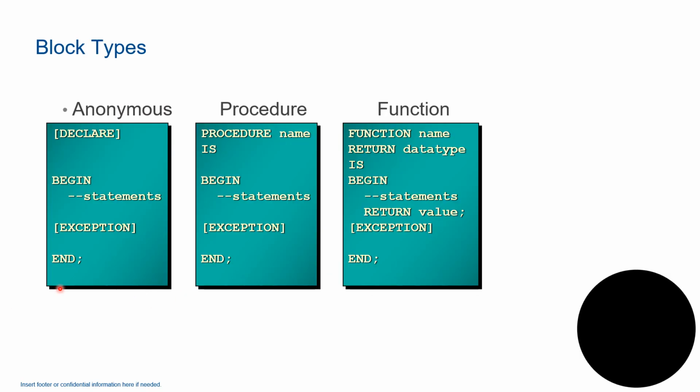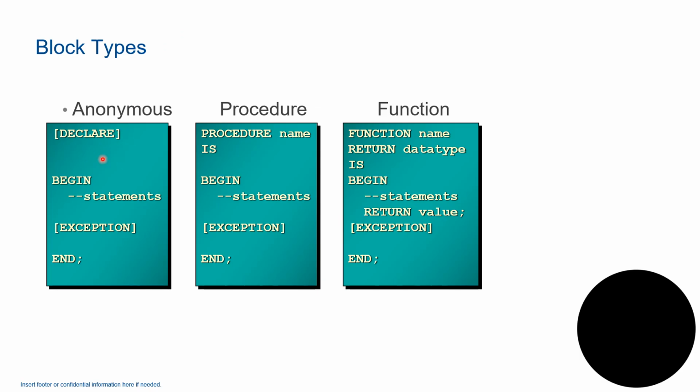Now going to block types. Basically we have anonymous blocks, procedures, and functions, the three types of blocks. Every one has the same structure, but with a little bit of difference.